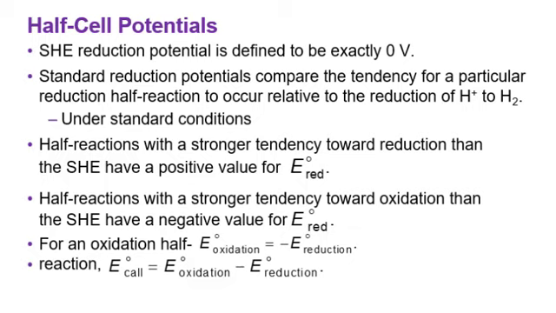You can combine two half reactions to build an electrochemical cell. The one with the higher E naught acts as the cathode, and the lower E naught acts as the anode. Remember, you do not multiply the E naught values when balancing equations. These are what we call intensive properties, so it doesn't care about how much of it you have, which makes the math very easy.